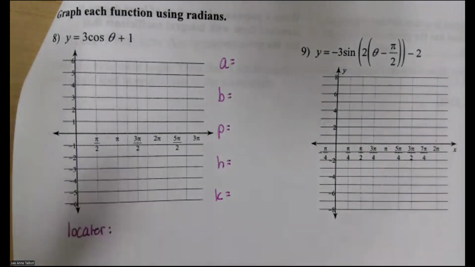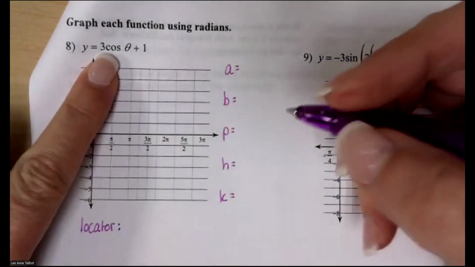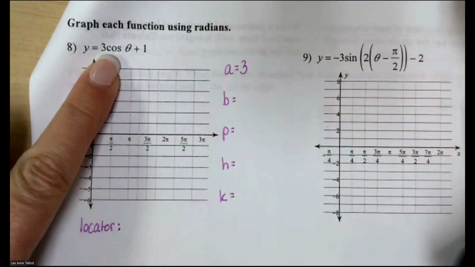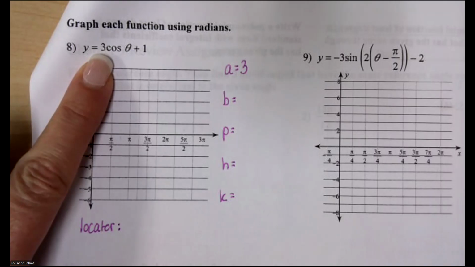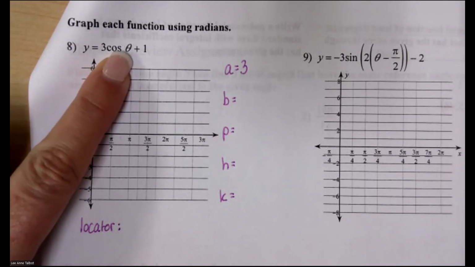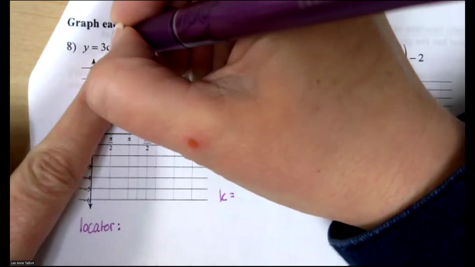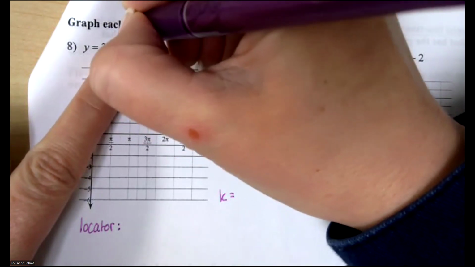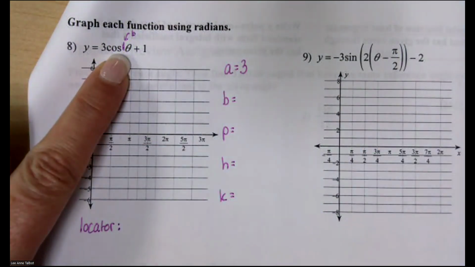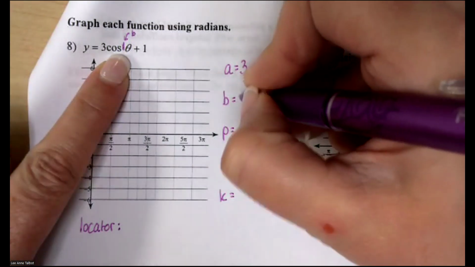Okay. A is 3. Everybody okay with that? Okay. B would be right here. Yep, it's 1.